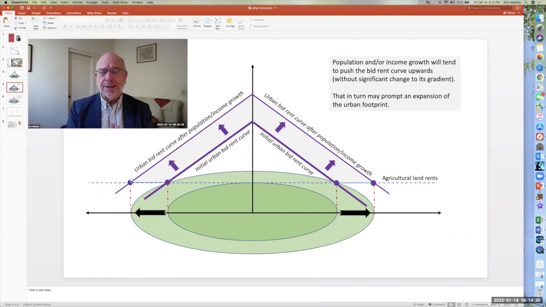And so this is an economic explanation of how population growth expands the urban area. Essentially, there's more bidding for land, and that bidding is going to spill over and encroach upon what was previously agricultural land use.